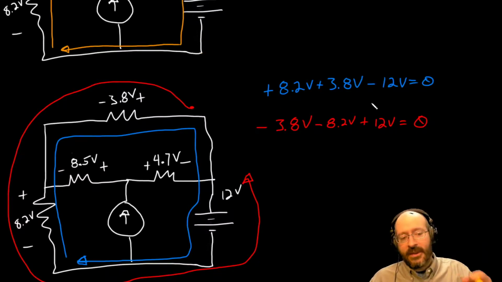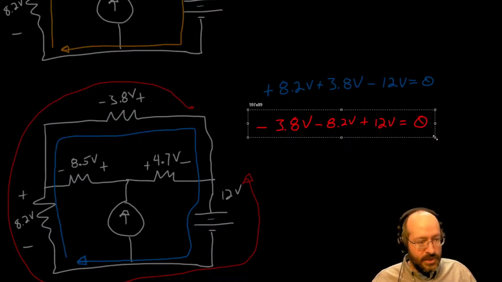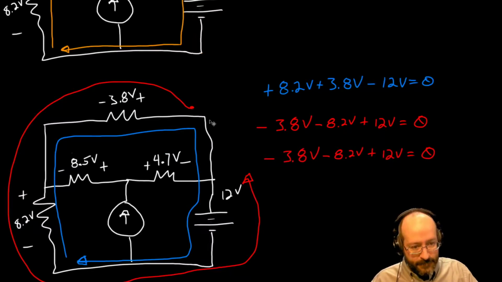As long as all of the signs are different, that's okay, because I could take this whole equation and multiply both sides by -1, and if I multiply left and right by -1, we're not changing it, right?